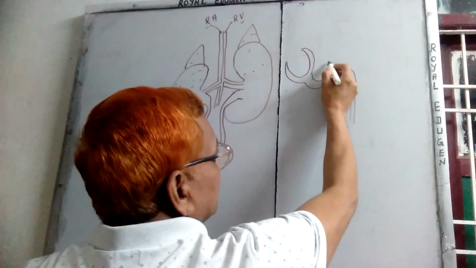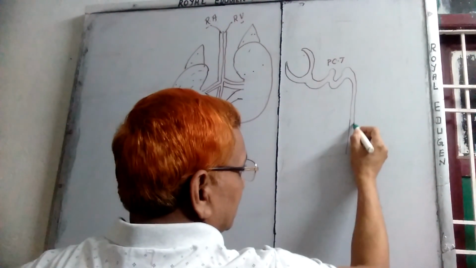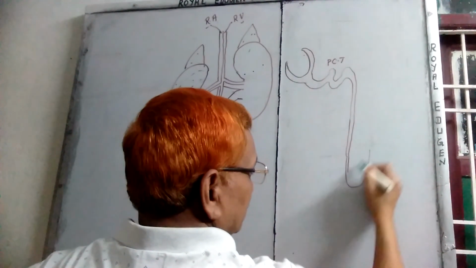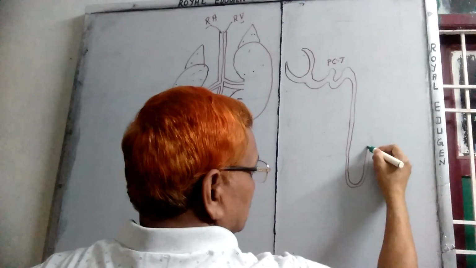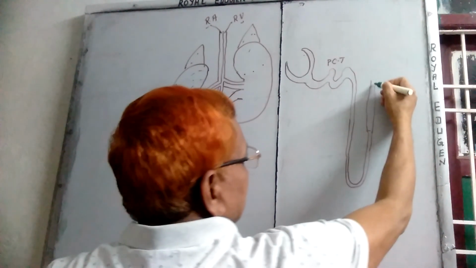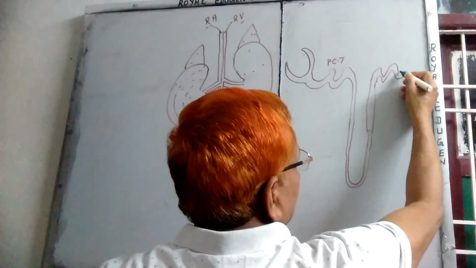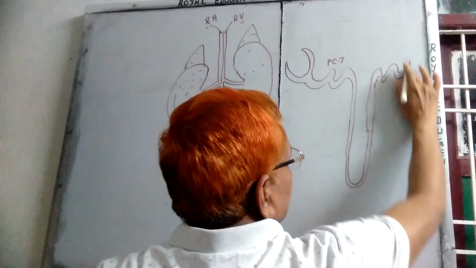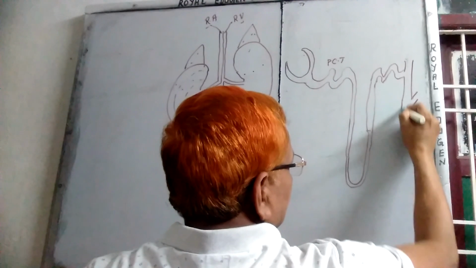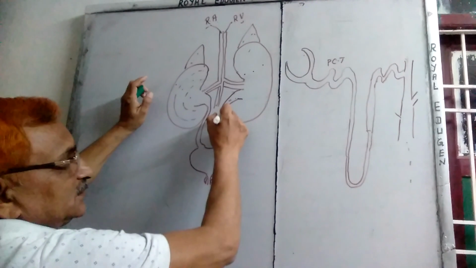This is the PCT, proximal convoluted tubule, and this one is the loop of Henle, which becomes slightly thinner at the loop, then descends, becomes slightly wider, and then turns here to the DCT, distal convoluted tubule, and then joins the collecting duct.